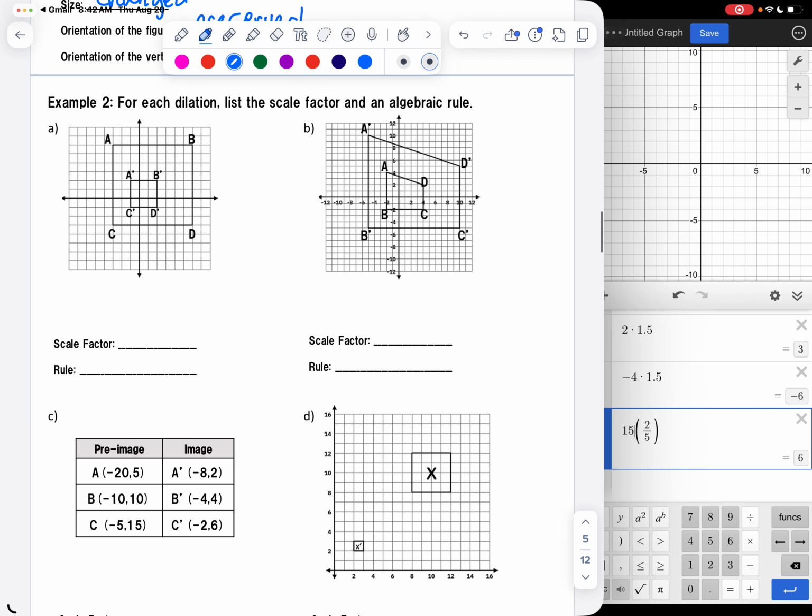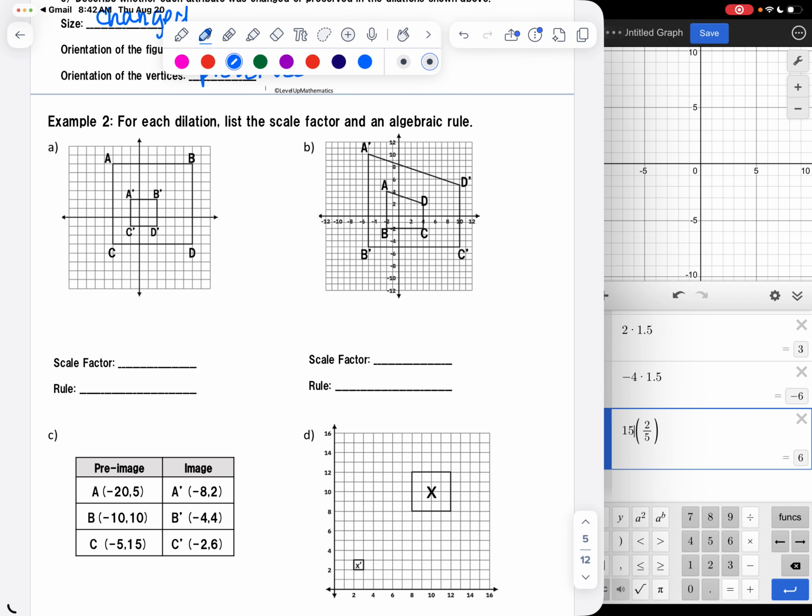All right, example 2. For each dilation, list the scale factor and an algebraic rule. Now, to do this, you're going to compare the new over the original, the new divided by the original. And you're going to pick one point. It doesn't matter which point you want to focus in on.